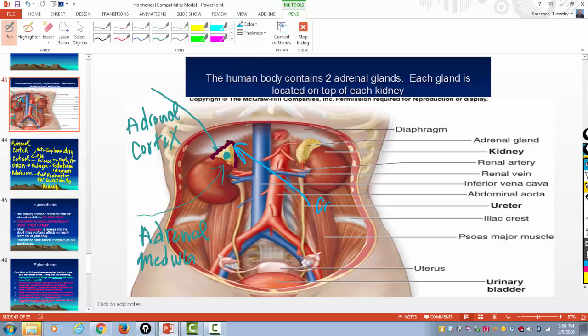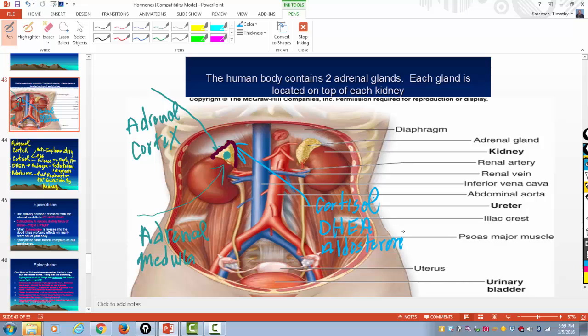You release cortisol. We talked about its functions, know them. DHEA, which in essence is a mild androgen. It's a mild form of testosterone. And aldosterone.